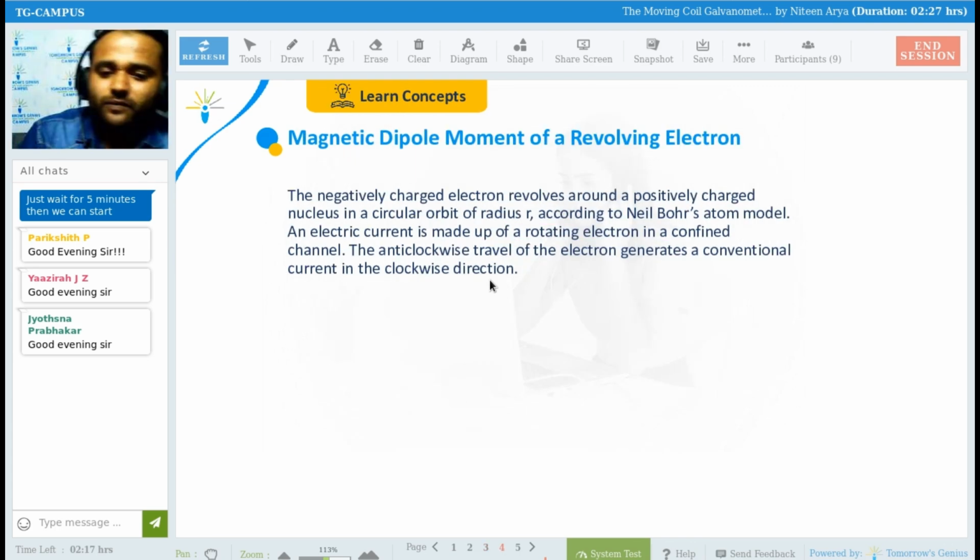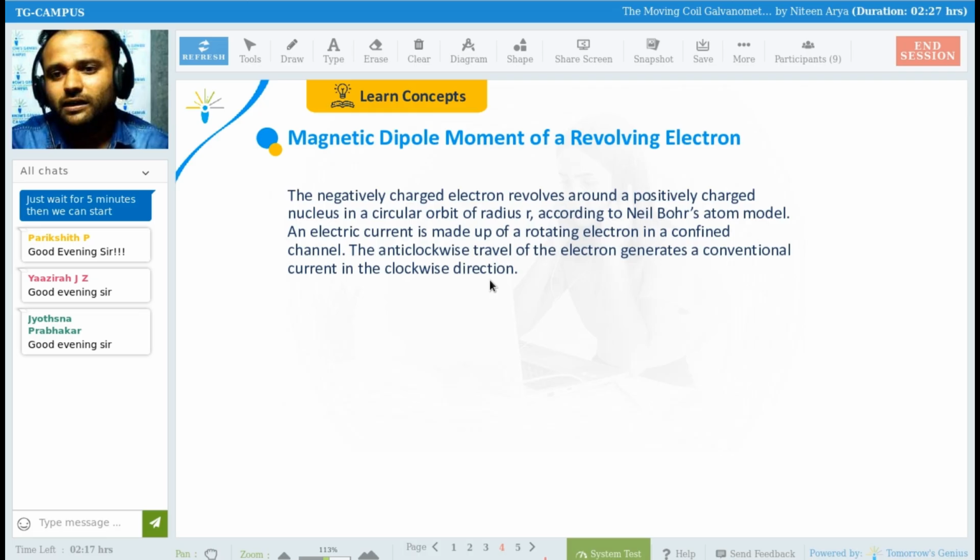Why are we learning this from the very basics? Because in magnetism we are going to see, I may or may not have given this already, but still, the magnetic dipole moment of a revolving electron. For revision, the negatively charged electron revolves around a positively charged nucleus in a circular orbit.